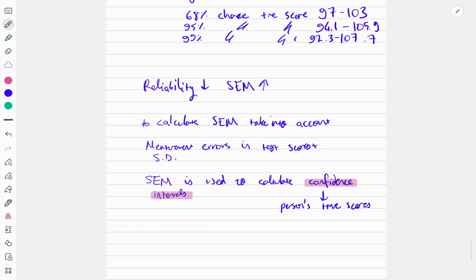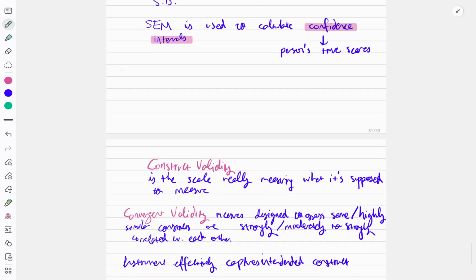So when reliability decreases, SEM increases. SEM is obviously the error, so our error will increase when our reliability is decreasing. To calculate SEM, we need to take into account measurement errors in test scores and standard deviation. So SEM is used to calculate confidence intervals, like a person's true score basically.